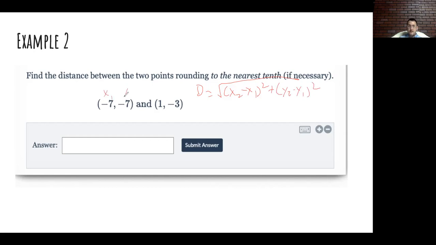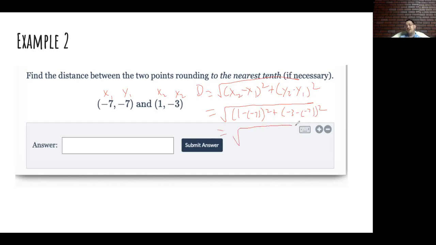So I've got x1, y1, x2, y2. All right, substitute x2 in. So I got a 1 minus a -7 squared plus -3 minus a -7 squared.